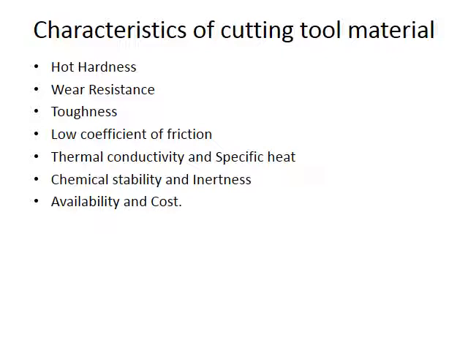Third, toughness, low coefficient of friction, thermal conductivity and specific heat, chemical stability, inheritance and availability at low cost. So these are the 7 important properties or characteristics of the cutting tool material.